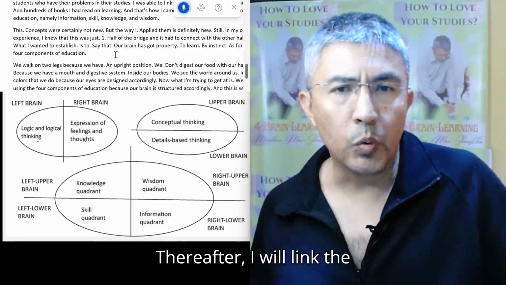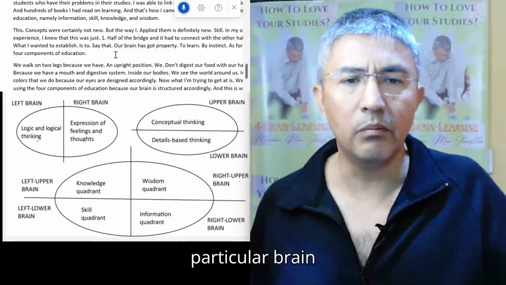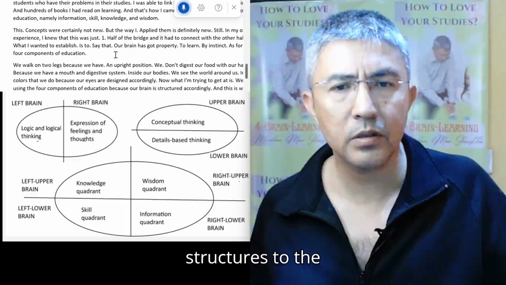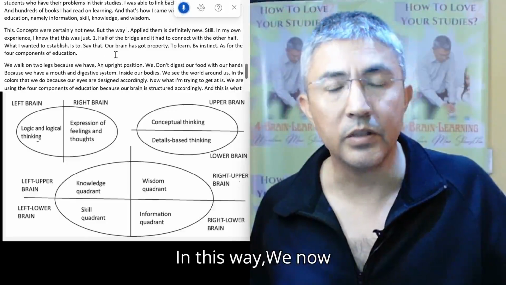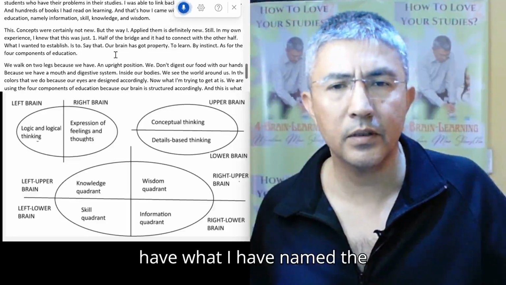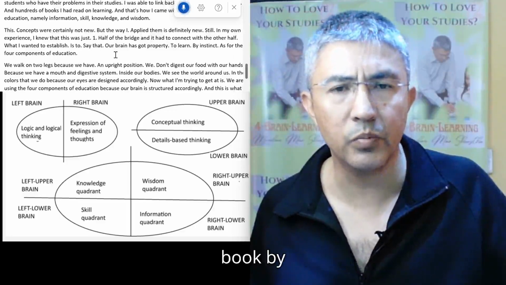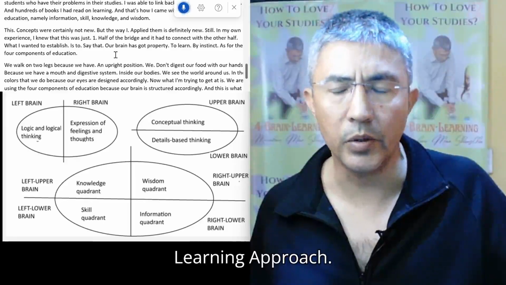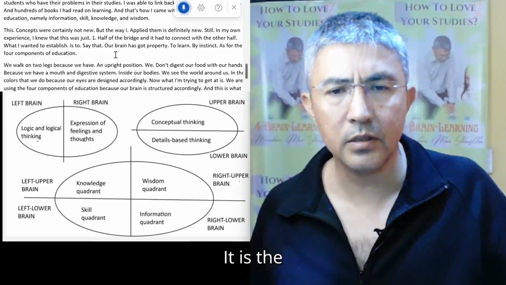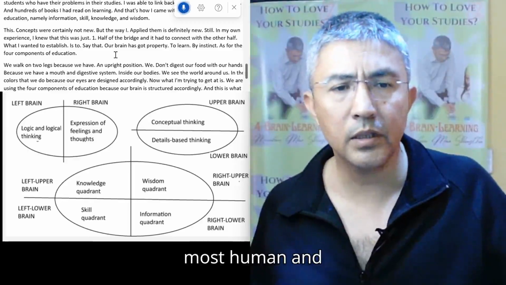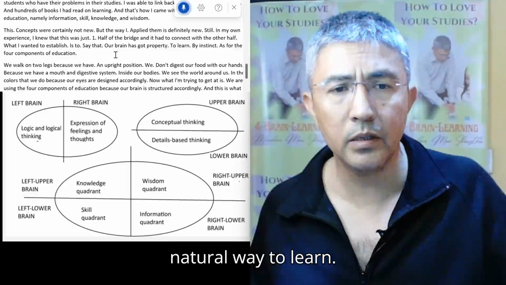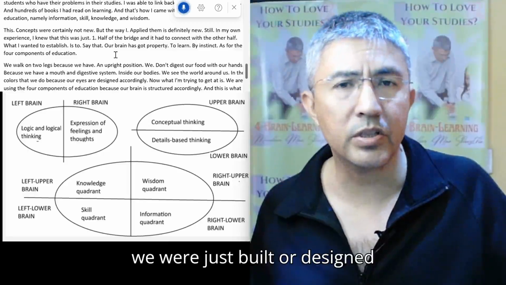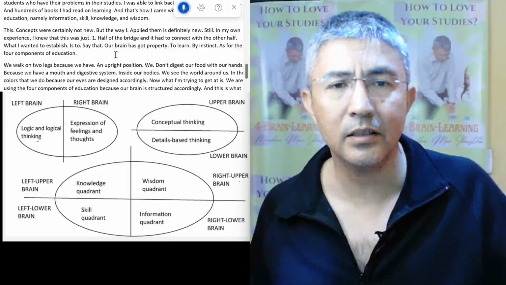Thereafter, I will link the particular brain structures to the various four components. In this way, we now have what I have named the book by, the four brain learning approach. It is the most human and natural way to learn. We're just built or designed that way.